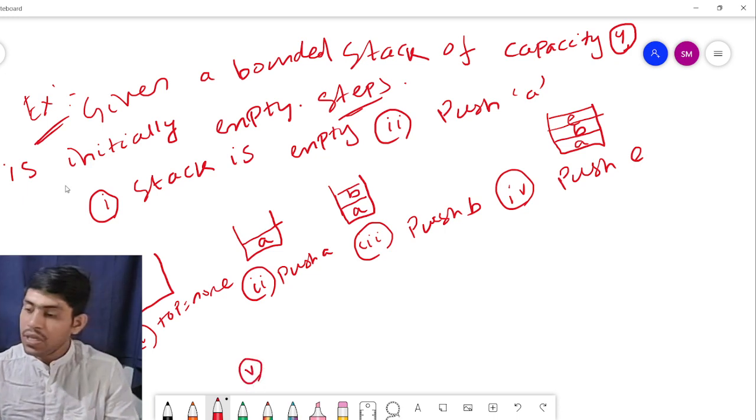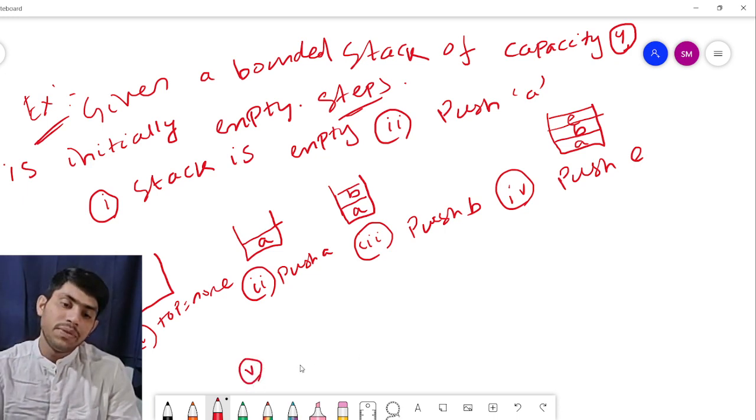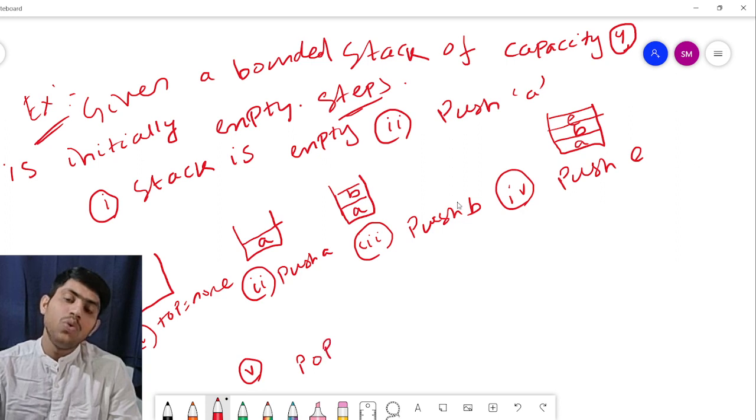Then fifth, pop. Who will be popped? Stack top, last in first out order. So E will be popped.